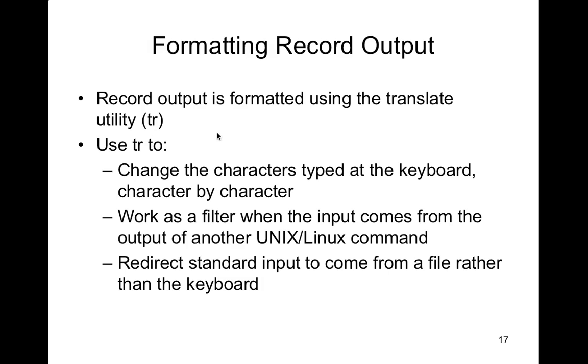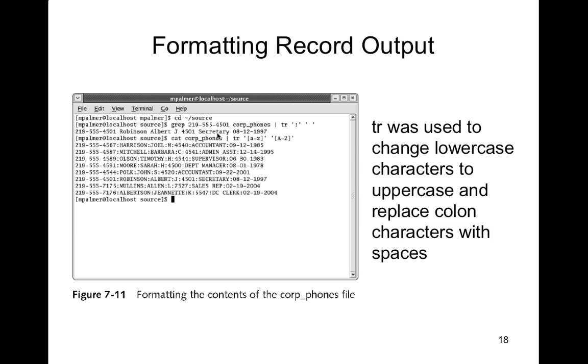It also works as a filter. So when the input comes from the output of another Unix command, which is what you're going to do in the assignment, take the output and change it all to lower or upper case, or switch it around, reverse the string or something. You can also redirect the standard input to come from a file rather than the keyboard.